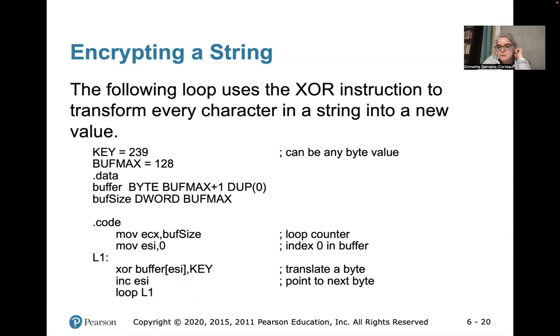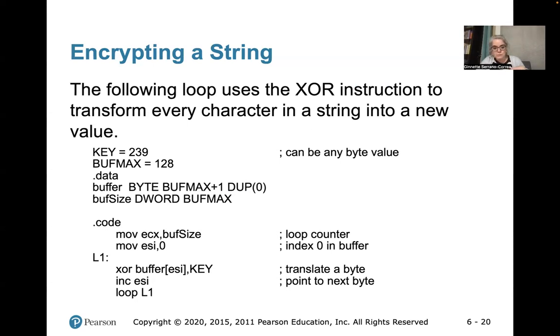All right, this right here is just some code I want you to type and try out. The following loop uses the XOR instruction to transform every character in a string into a new value. Remember the exclusive OR: if the two bits you're comparing are equal to one another, either 0 and 0 or 1 and 1, it gives you a false.